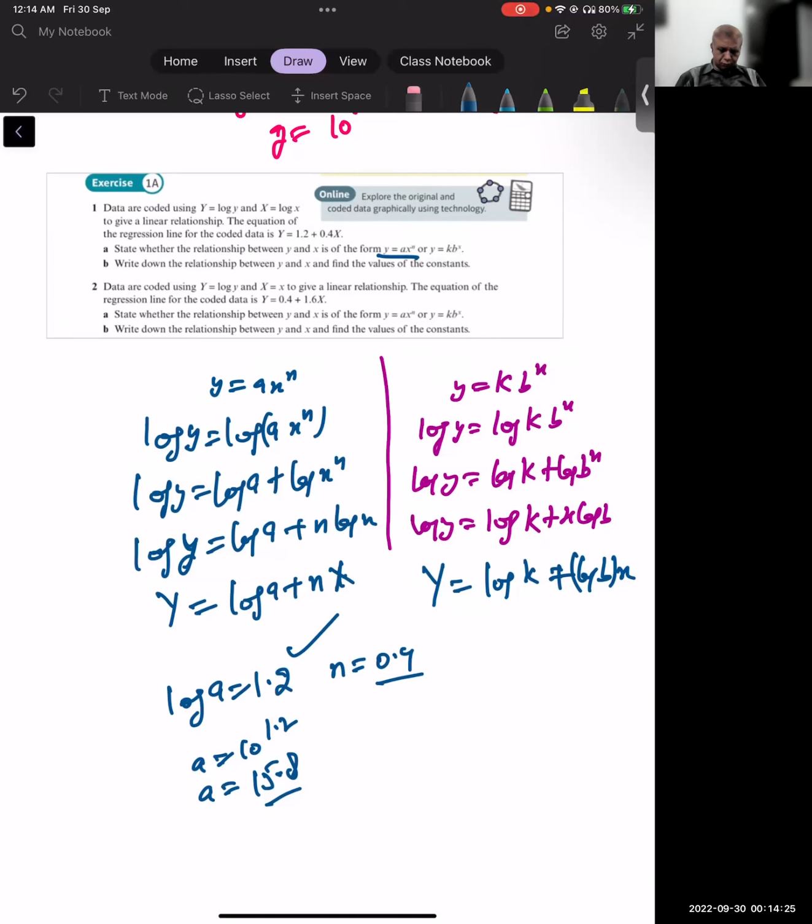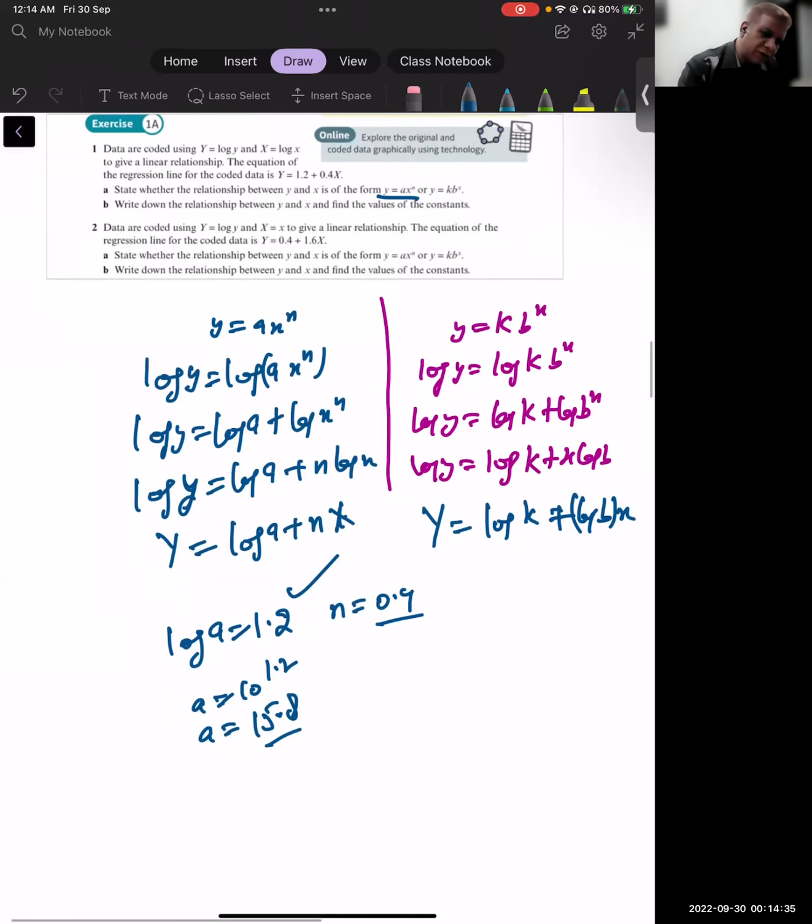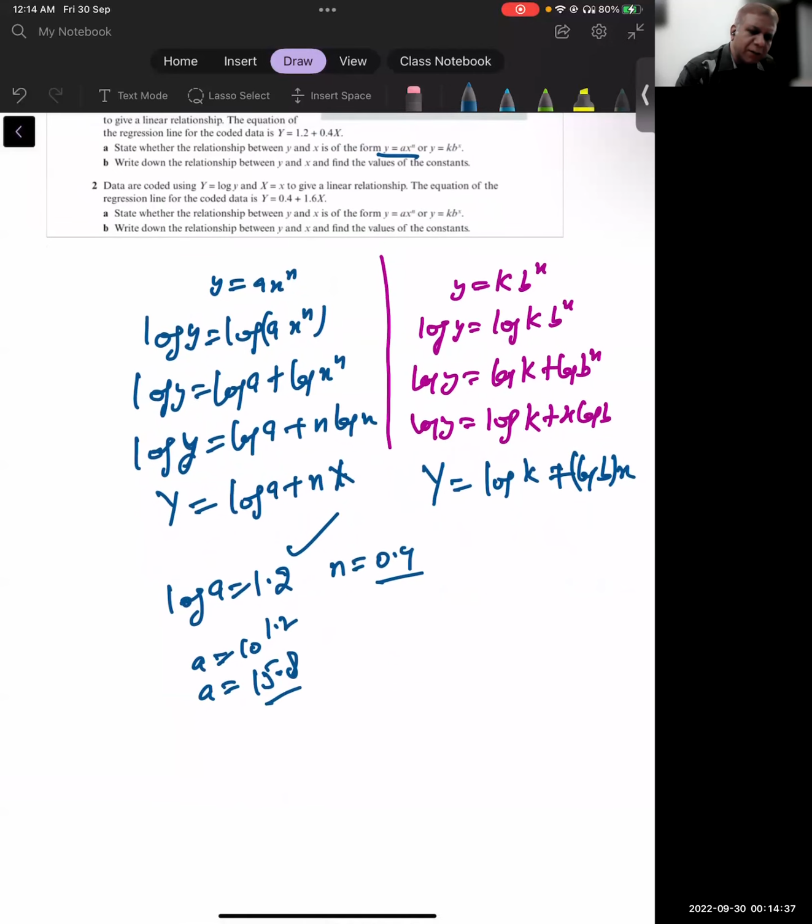I've done question 2. Fine. So firstly, which one is the equation, y equals ax to the power n or y equals kb to the power x? It is y equals ax to the power n. Are you sure?